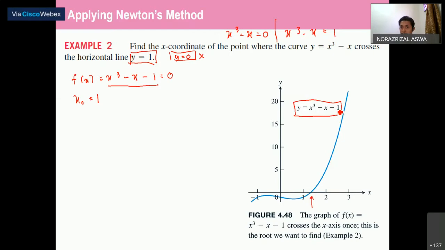Because now we have considered the minus 1 inside our function, but we don't know specifically what the value is if we don't use a calculator. So we take something close to the root. In this case, we want to try to use 1. You can take 2 and so on, but in this case, my initial guess is 1.